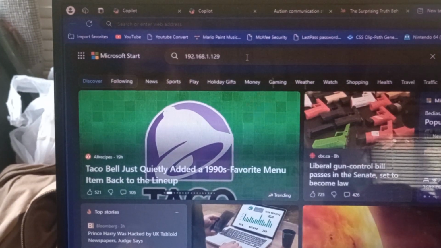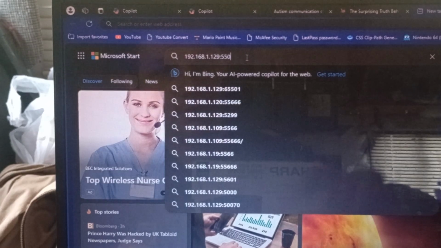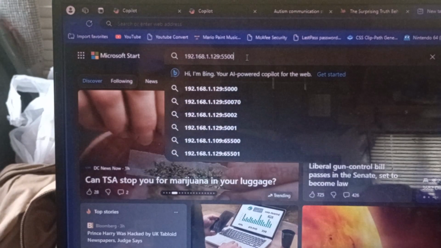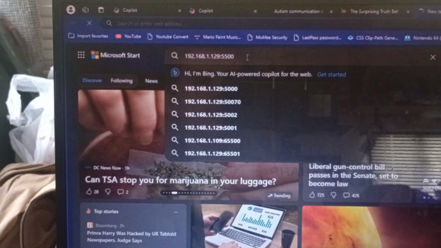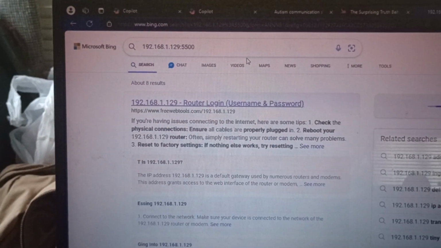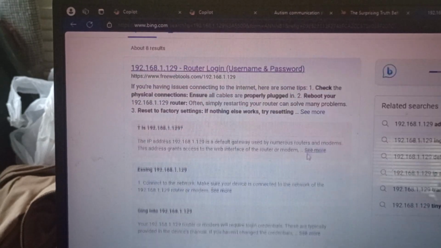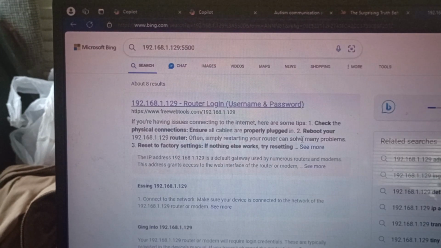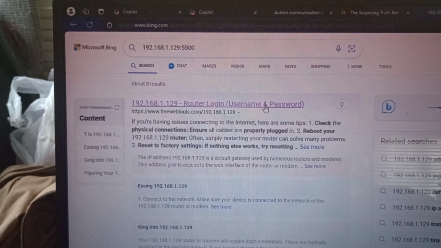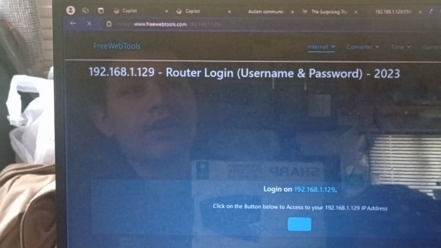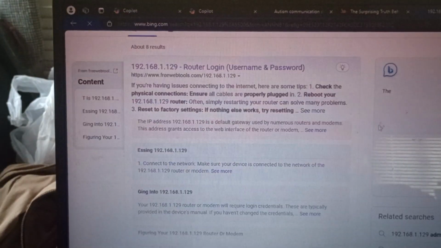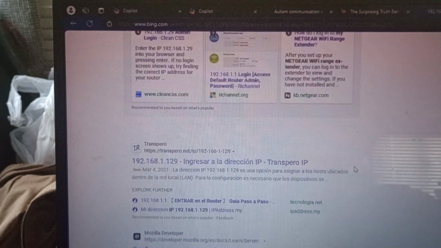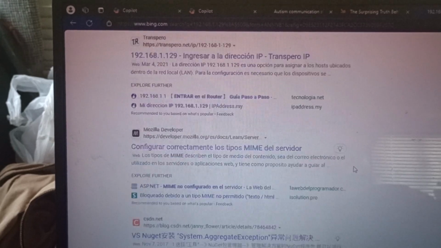And then we're gonna go port 5500. And let's check it out. What does this do? That is not it. Hmm.